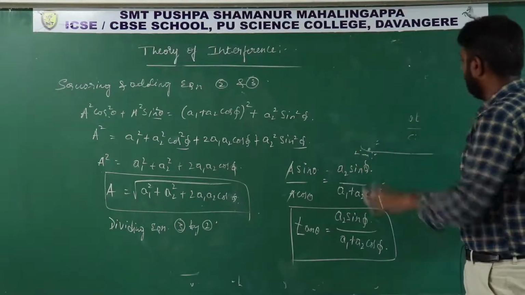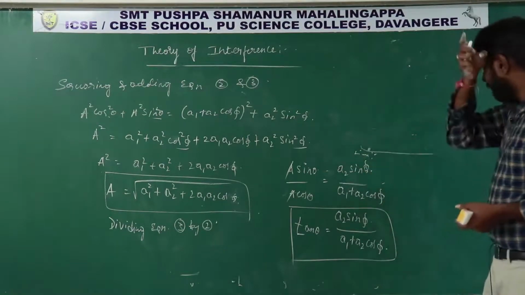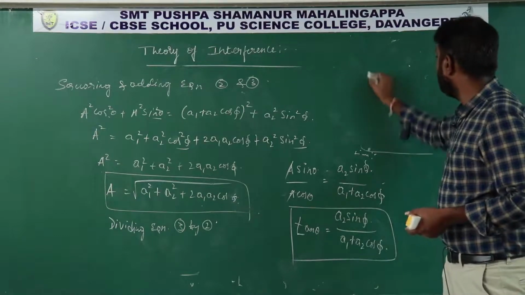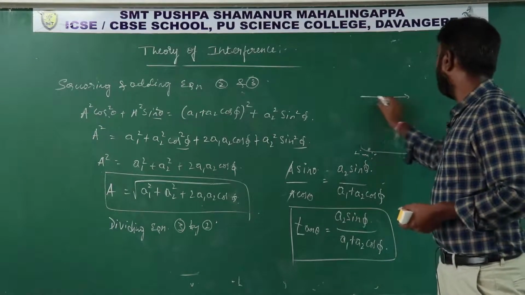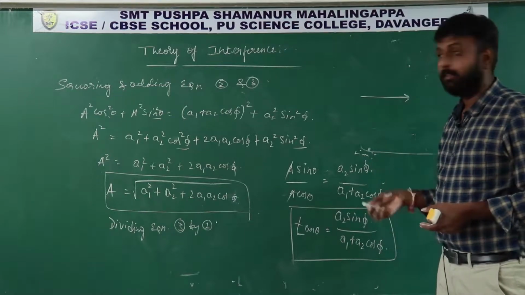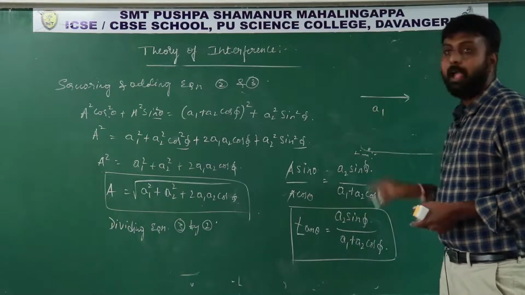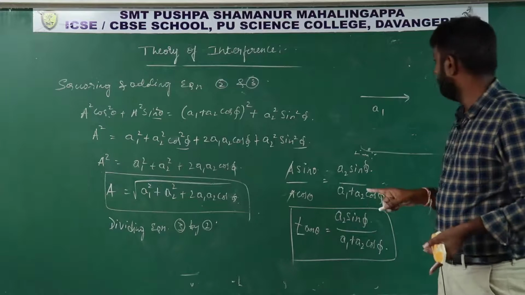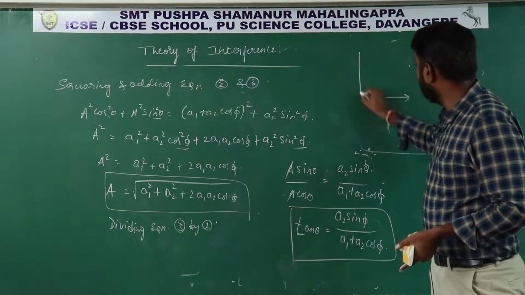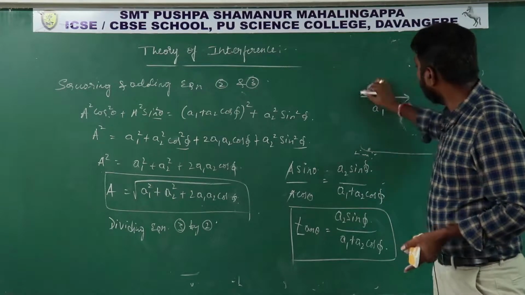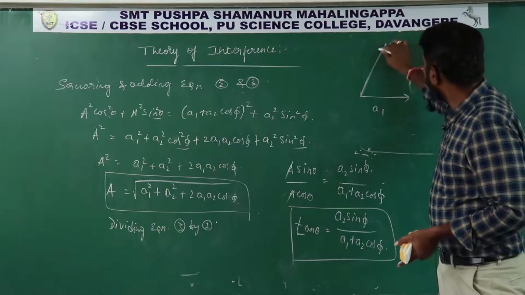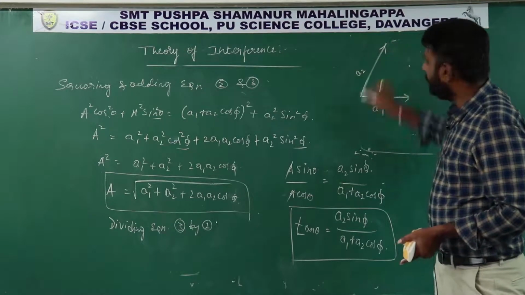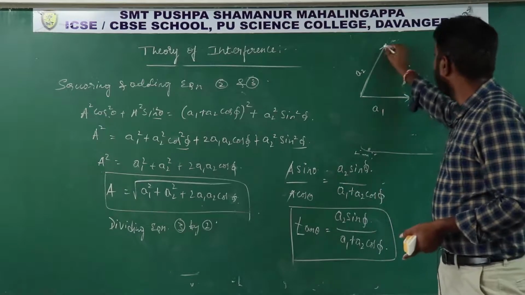How to understand it diagrammatically: this is the A1 amplitude, which I am representing as a vector, the amplitude of the first wave, and this is the second vector, the amplitude of the second wave.